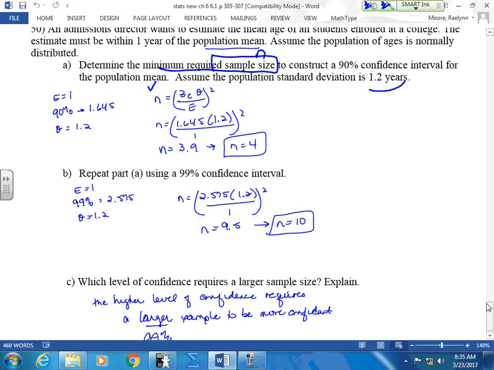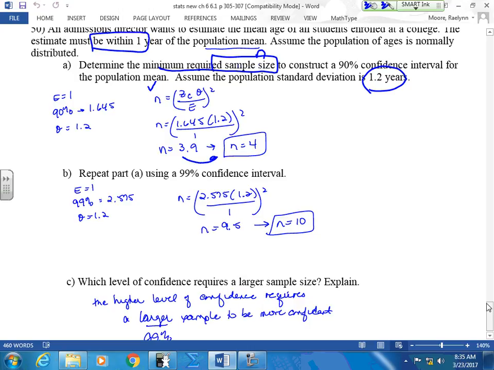My population standard deviation. Now all I'm missing is my margin of error. Go back to the words right here. Within 1 year. Within 1 year means this way 1 year, that way 1 year. You could be older 1 year, younger 1 year. That's the same as your margin of error. And do you need to put this in when you multiply this? No. And make sure you round up.